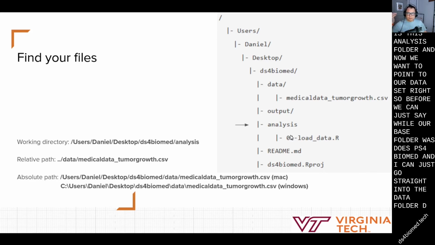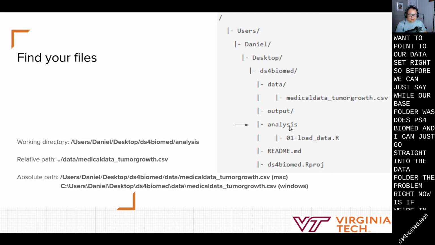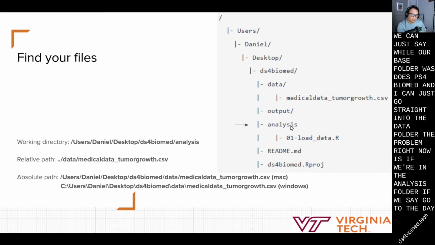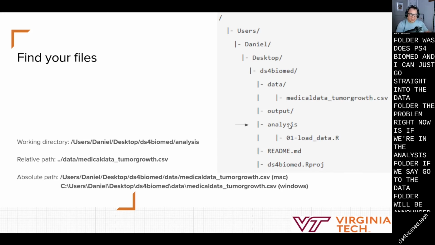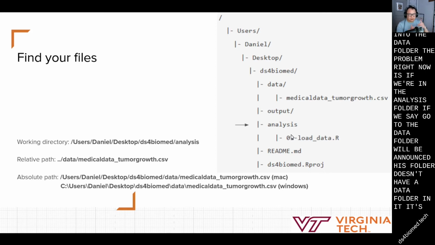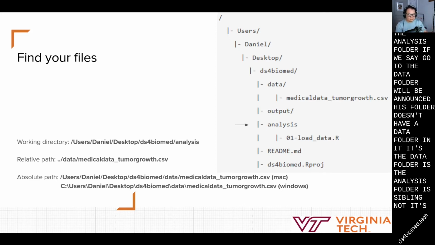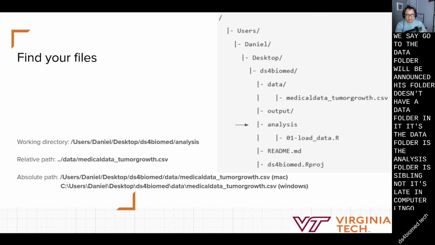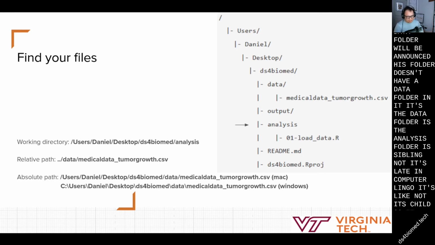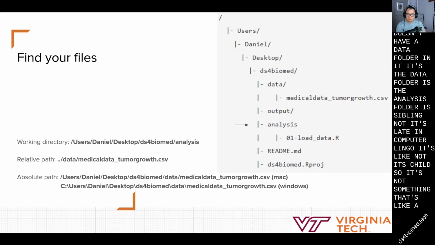The problem now is if we're in the analysis folder and we say go to the data folder, the analysis folder doesn't have a data folder in it. The data folder is the analysis folder's sibling, not its child, not a subset of it.